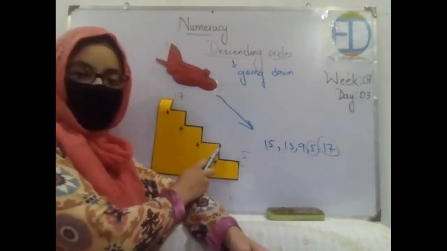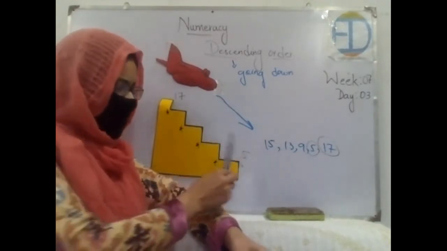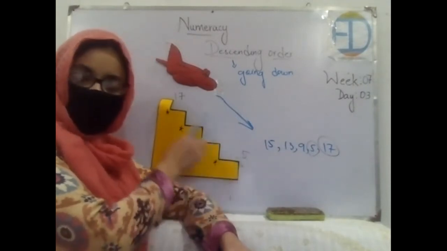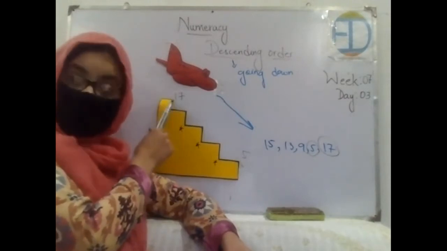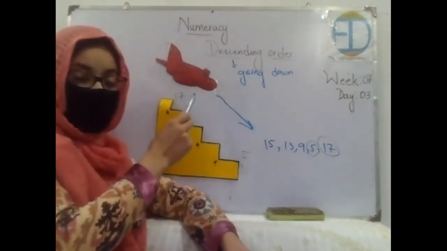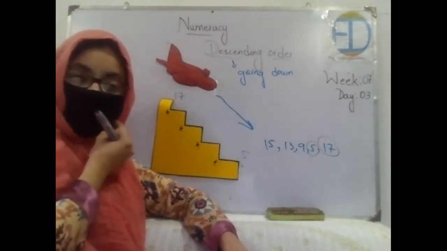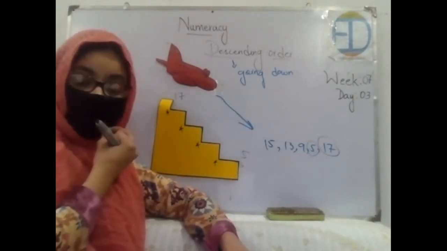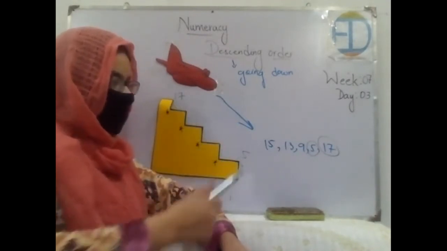1, 2 and 3. And how many numbers are left? 3. So should I start writing from this side? Should I move upward? No. I'll start from this side. Why? Because we are practicing descending order, right? In descending we start from the highest number and then we move toward the lowest one. So what comes after 17? Look at the numbers.